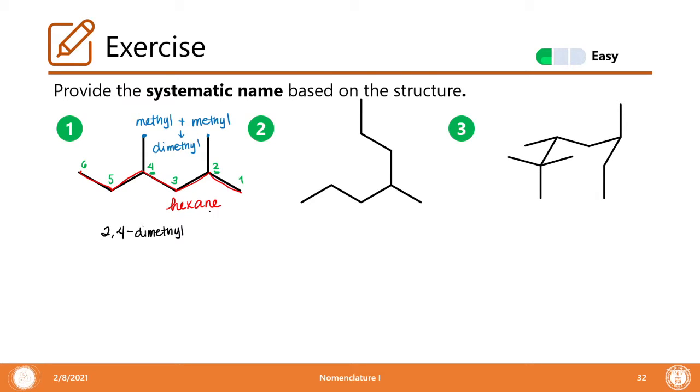And then our parent name. Don't attach any spaces between them. Just continue the word hexane. This PowerPoint comes with the answer, so we can check if it's correct. 2,4-dimethyl hexane. Okay. Let's try another one.